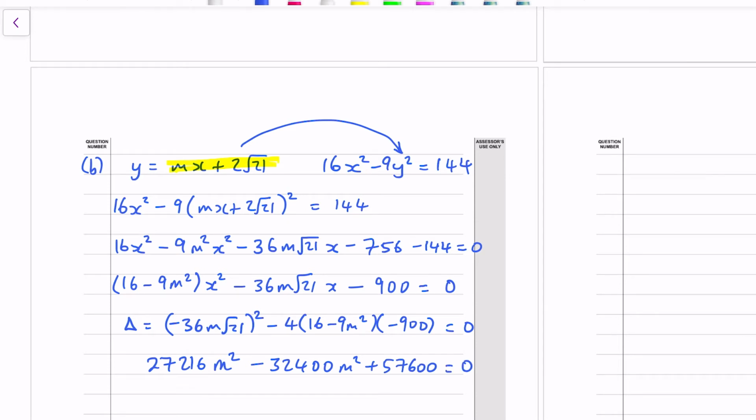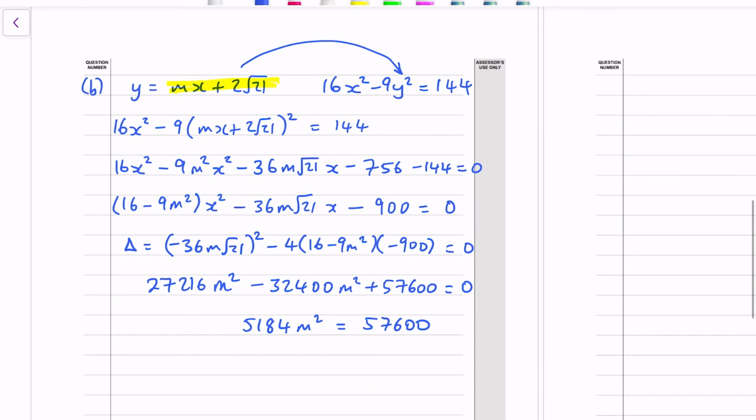We have a negative m squared, but that goes on the other side. 5184 m squared equals 57,600. Divide by 5184, 100 over 9. So m is plus or minus 10/3, which is what my Desmos graph showed right at the start.